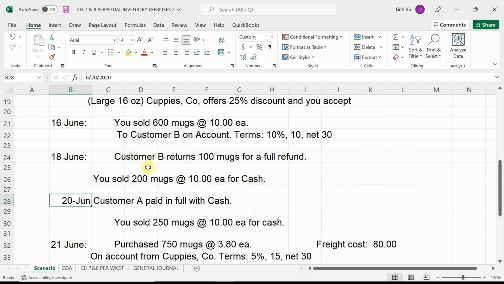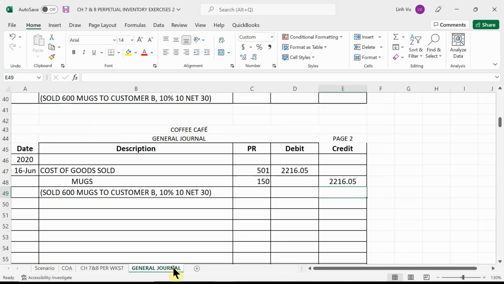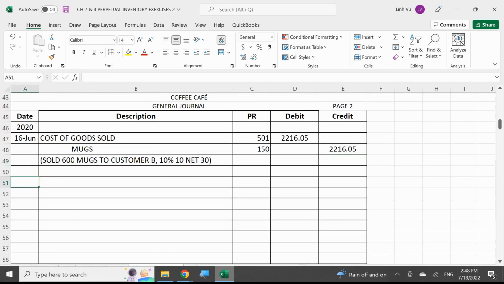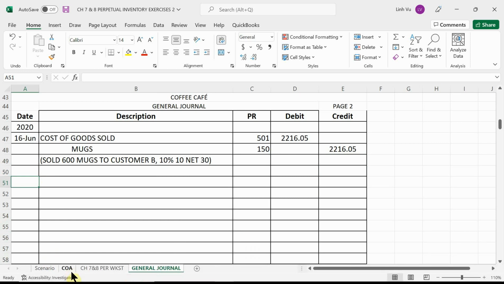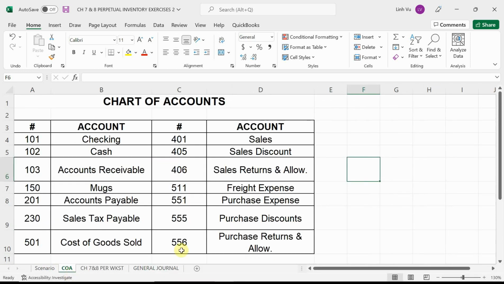So how do I journalize that? Let's look at my chart of accounts.